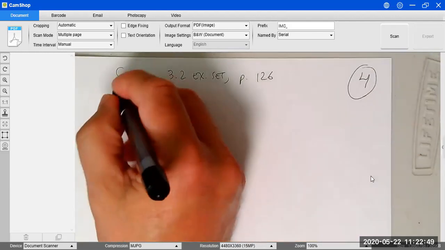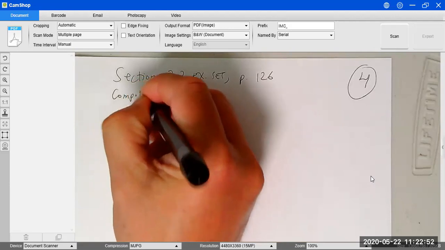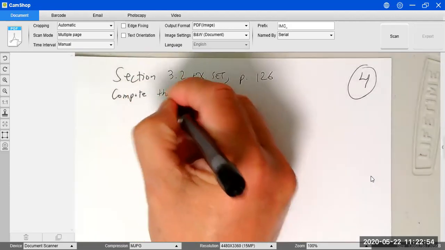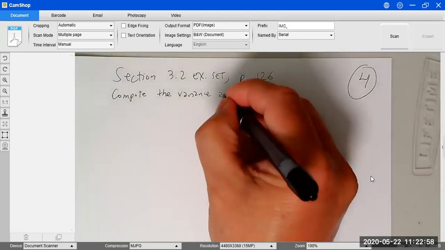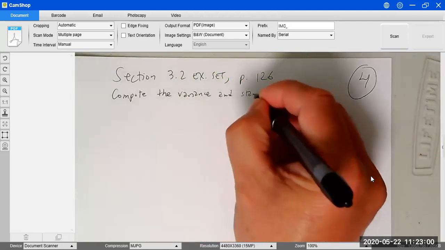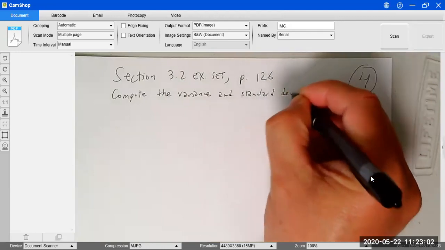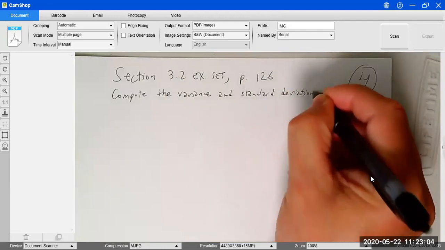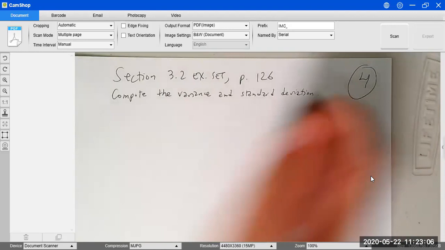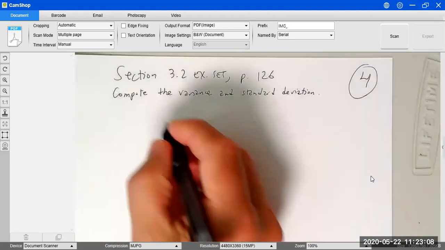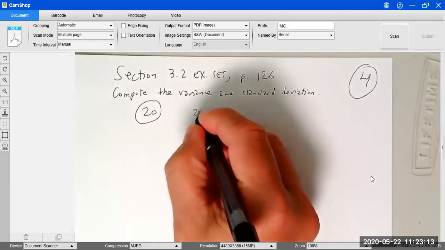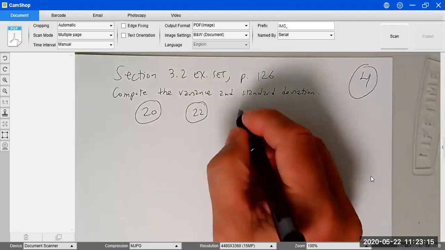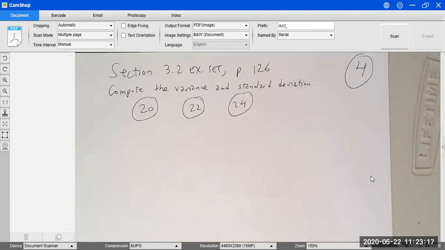In these exercises, you're going to compute the variance and the standard deviation. So you just finish your computation of the variance and take the square root, and then you get immediately the standard deviation. You're going to work 3 problems: problem 20, problem 22, and problem 24.